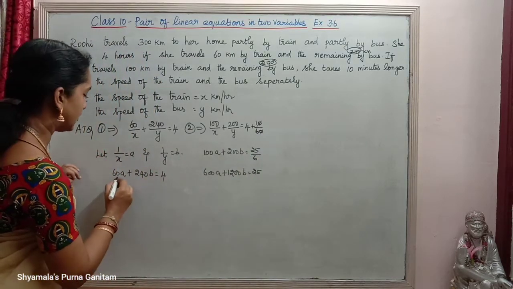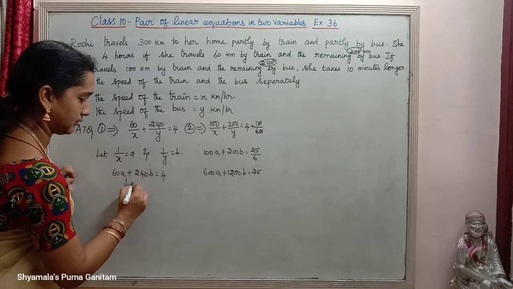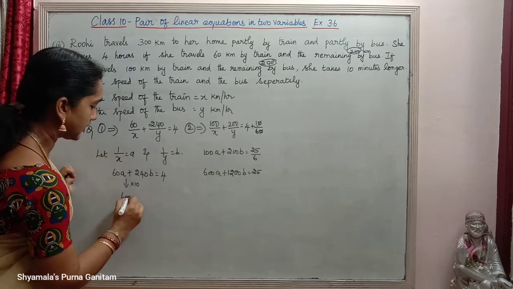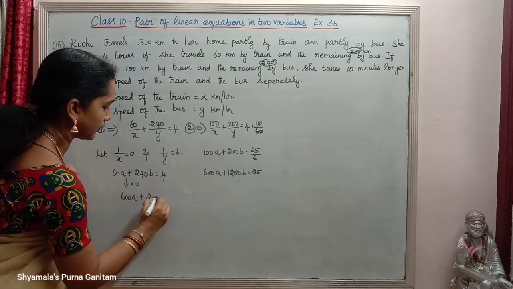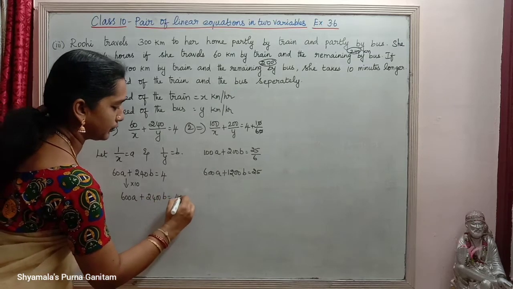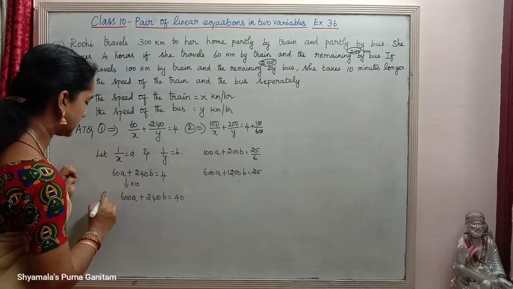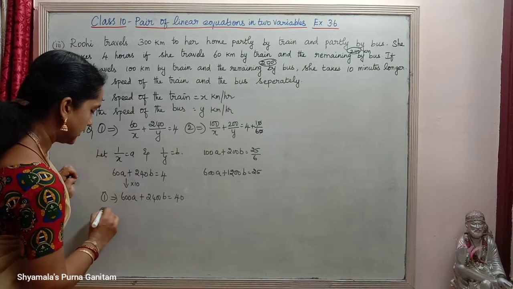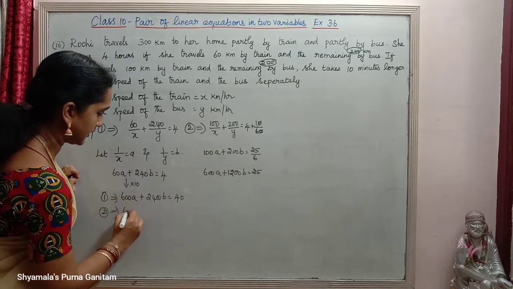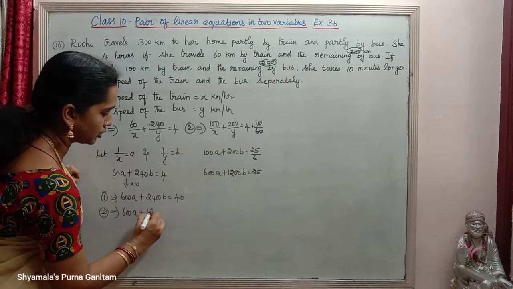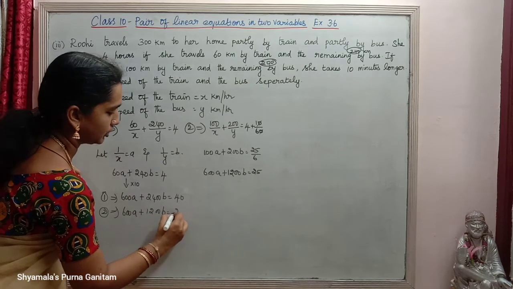So now if we multiply this equation by 10, we will get 600A plus 2400B is equal to 40. Okay, so this is the first equation. Then second equation, 600A plus 1200B is equal to 25.